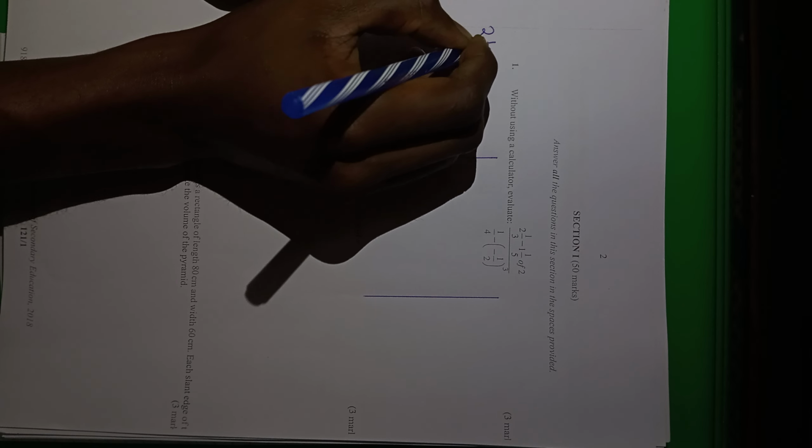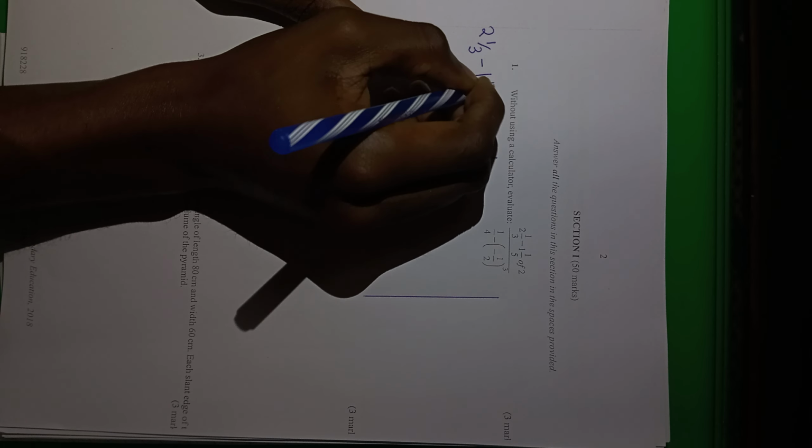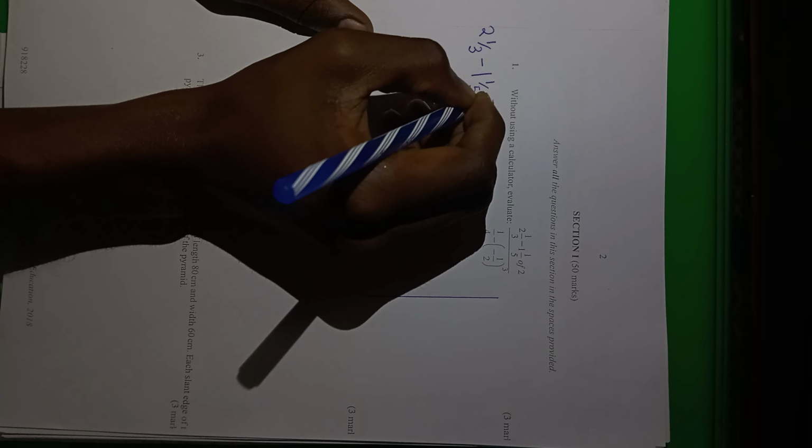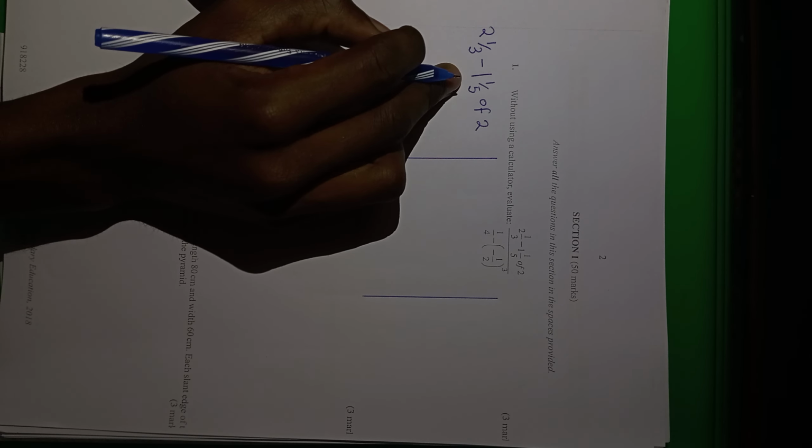So for the numerator part, I'm having 2 and a third minus 1 and 1 over 5 of 2, like this. I'm going to convert these mixed numbers into improper fractions.